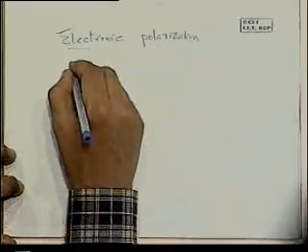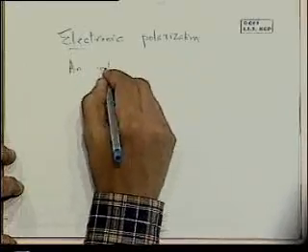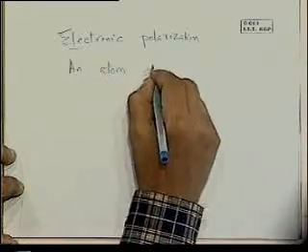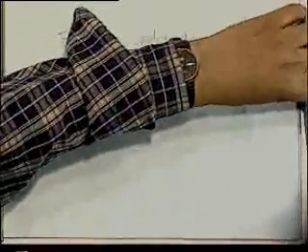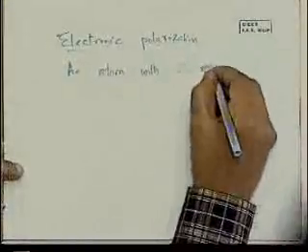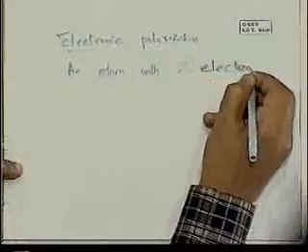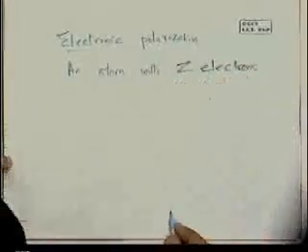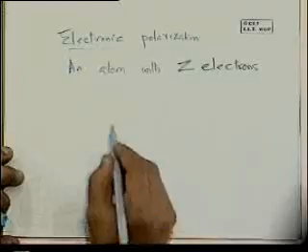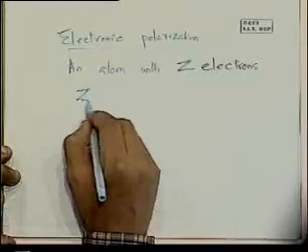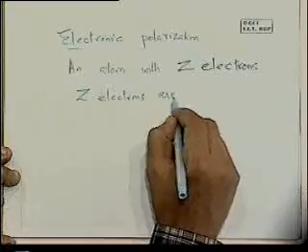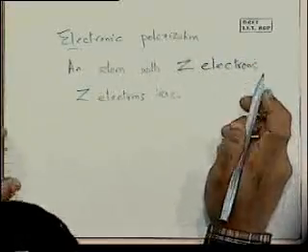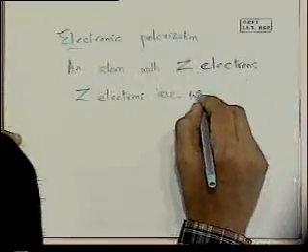Let us consider an atom with Z electrons. These Z electrons are within a spherical volume around the nucleus.